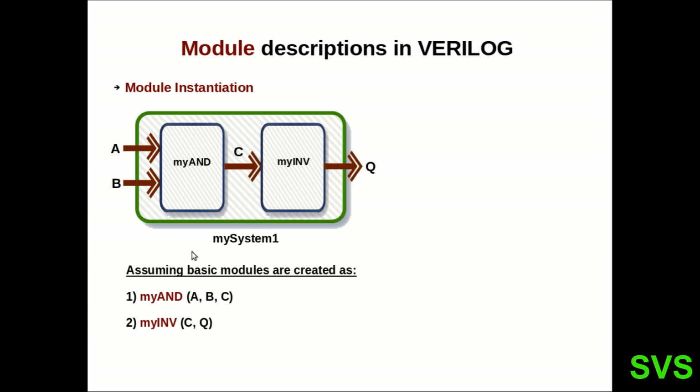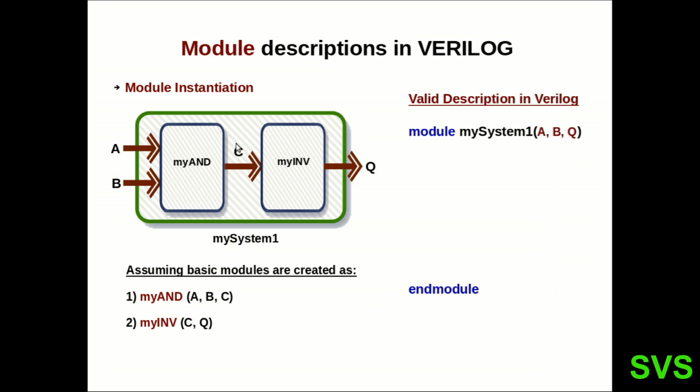To define the same system, we assume the basic modules my AND and my inverse are already created, with the input arguments or the terminal order defined as shown. So a valid description in Verilog for this given module my system will be, the terminals need to be defined, and then the instances, and then the connection between these two instances needs to be defined as a wire.